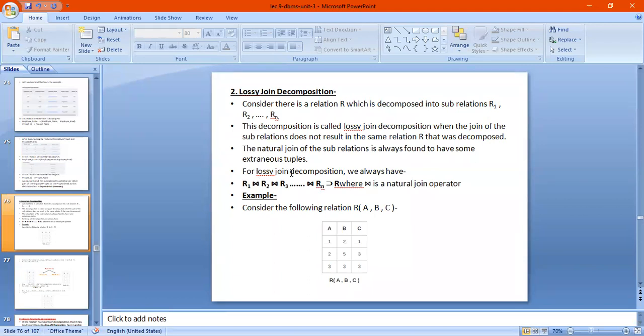For lossy join decomposition, the natural join of R1, R2, up to Rn is a superset of R. So consider the following relation: R has attributes ABC.